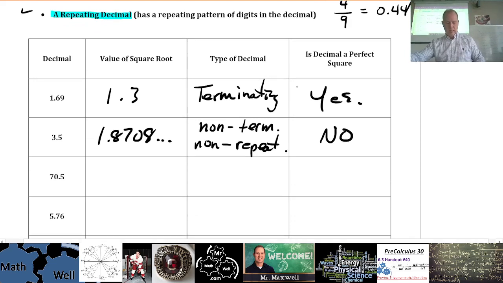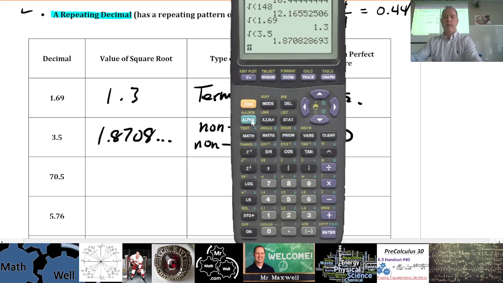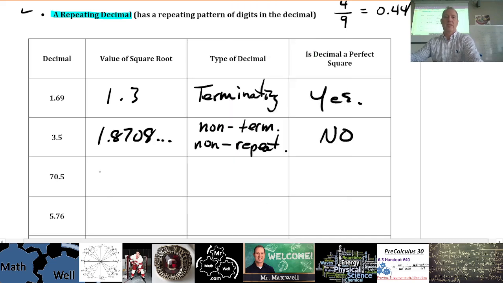All right, 70.5. Let's do that one real quick. Square root of 70.5 is 8.396 or so, with no repeating, and it looks like it fills up the entire screen and keeps going.